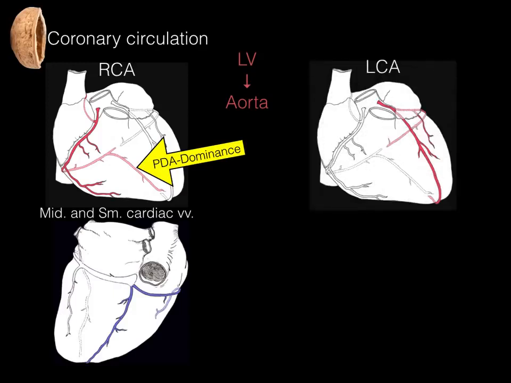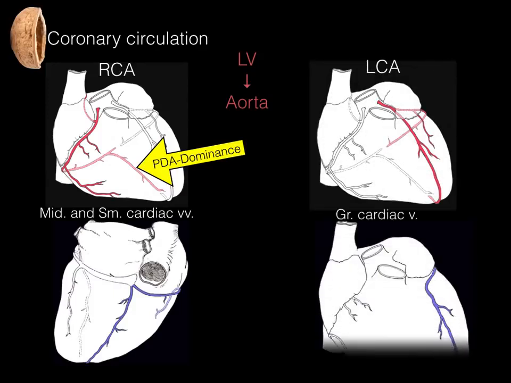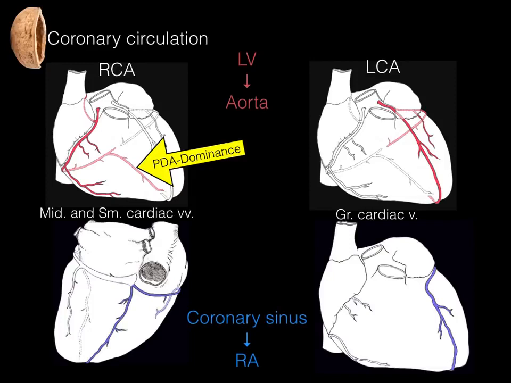Then the left coronary artery is going to supply the left side of the heart, and the great cardiac vein that parallels the LAD will bring the deoxygenated blood back to the coronary sinus and then to the right atrium. And that's how blood gets from the heart, back to the heart. And this, my friends, is coronary circulation in a nutshell.